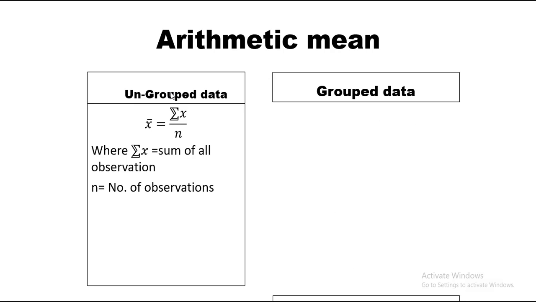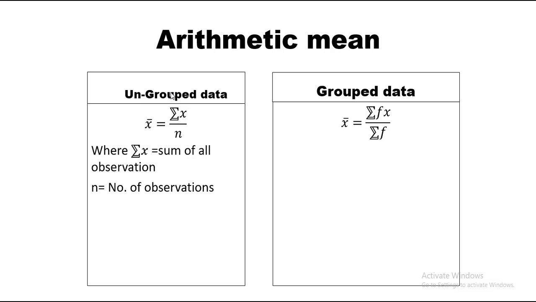For grouped data, the formula is x bar equals summation f x divided by summation f. As I told you, in grouped data the organization is such that we divide the data into classes. So when we use this formula, x does not mean an observation here.